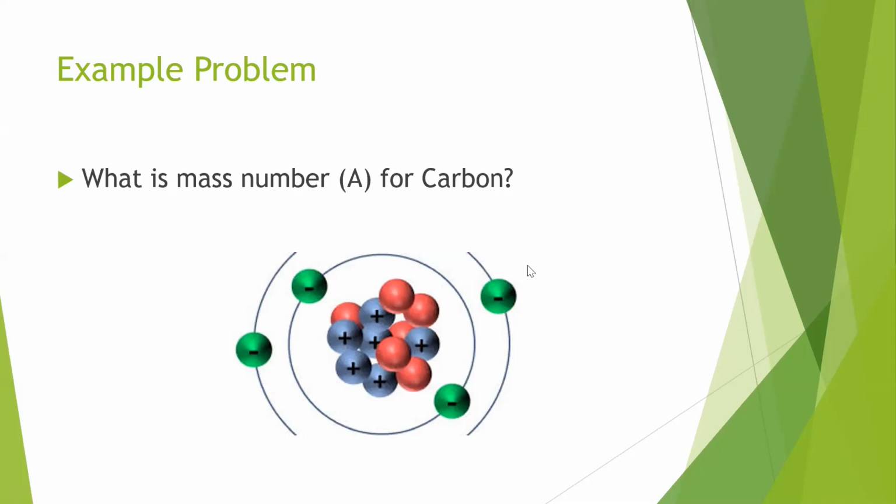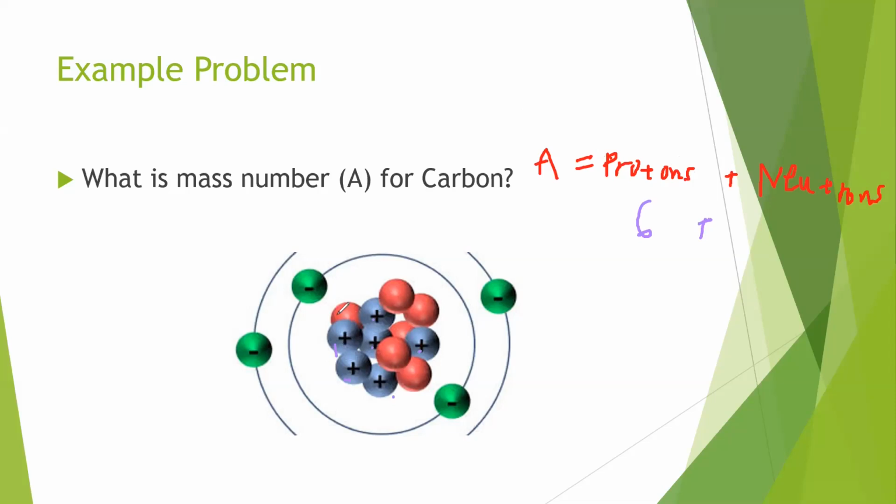So remember, A is the number of protons, the positively charged part, and neutrons. For the positively charged particles, there's 1, 2, 3, 4, 5, 6.